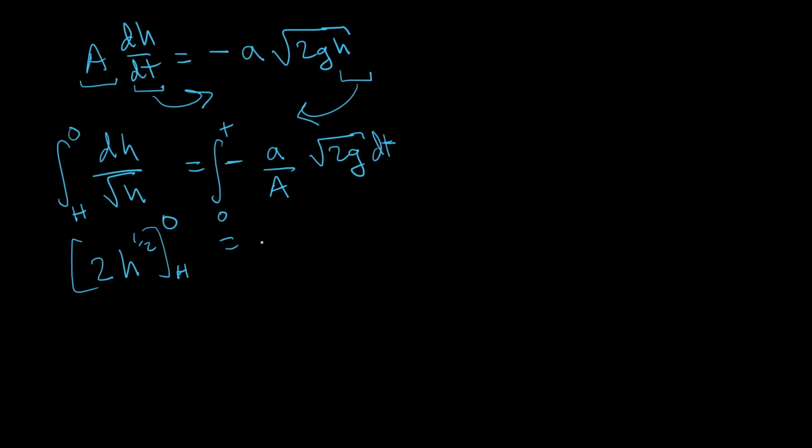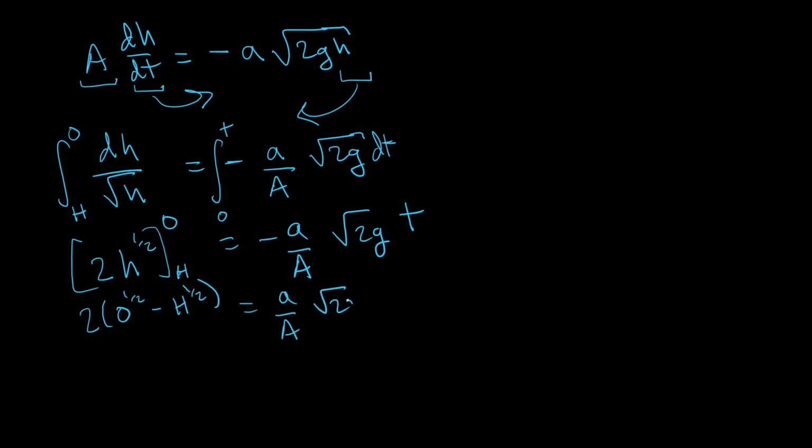And this one just integrates to the same expression here of all these constants times t. And so if we evaluate this, we get 2 times 0 to the 1/2 minus capital H to the 1/2. So we just get a negative H to the 1/2 on the left-hand side of this equation, which is again equal to this expression right over here, t.